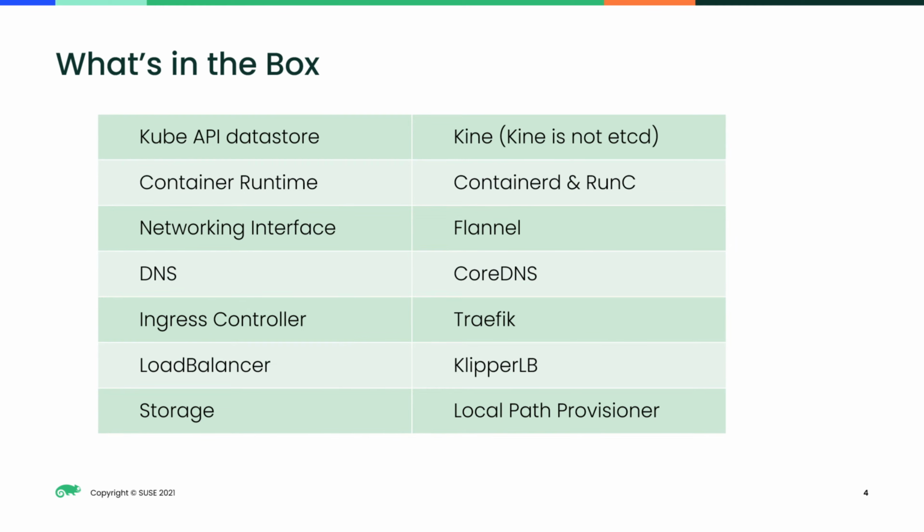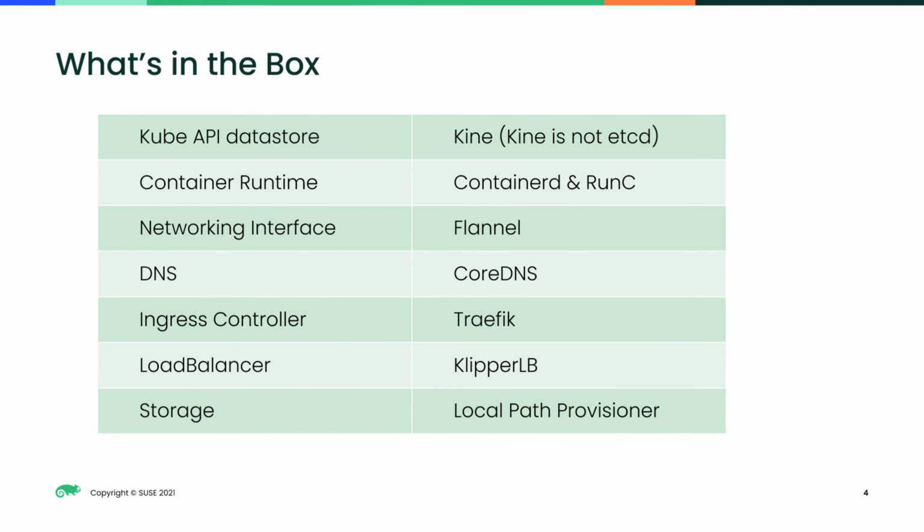For the Kube API data store, which is typically etcd, for K3s we use a component called Kine. Kine literally means Kine is not etcd. This gives us a shim layer for the data plane so that you don't have to use etcd. This is super useful for a one or two node configuration.